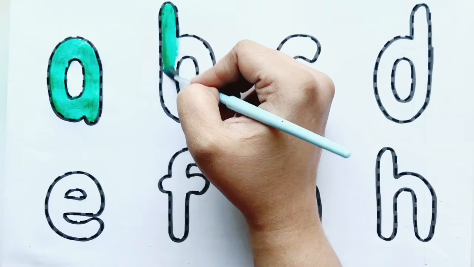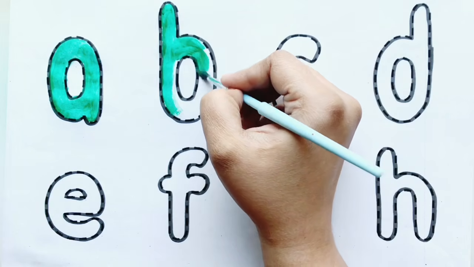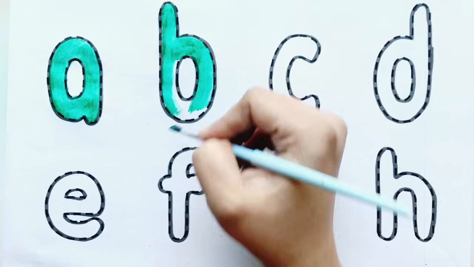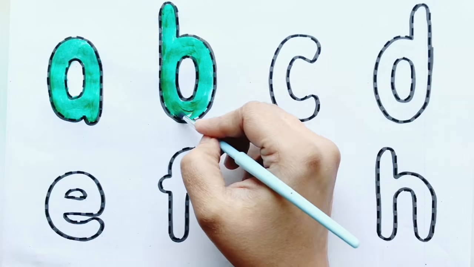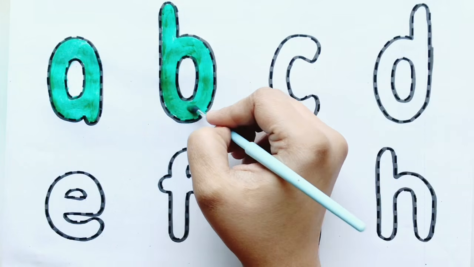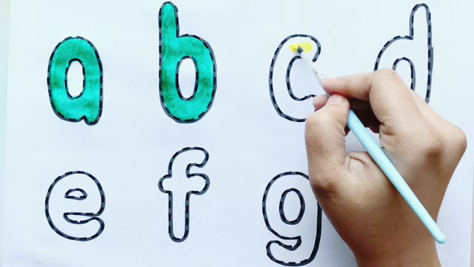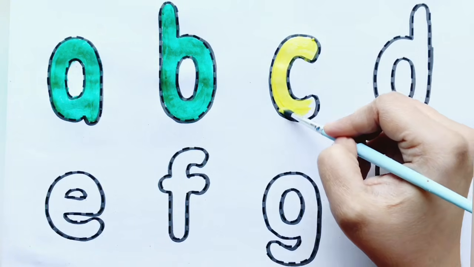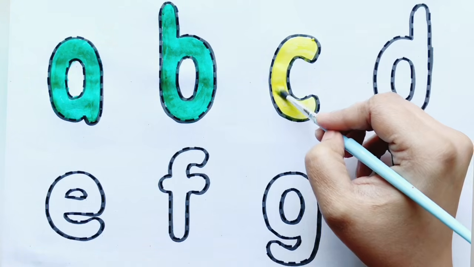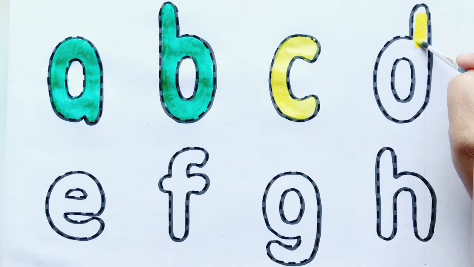B for bat ball. Yellow color. C for candy. D for donut.